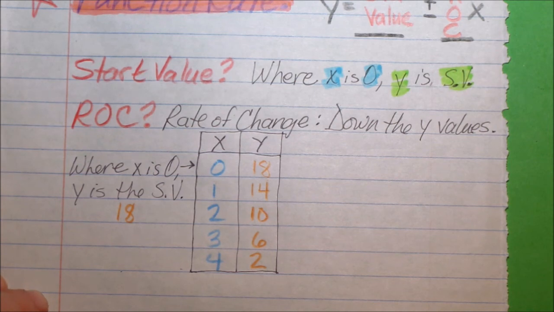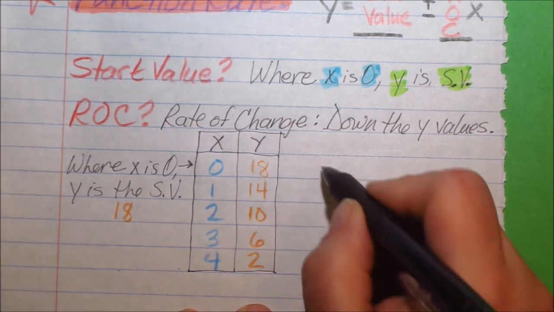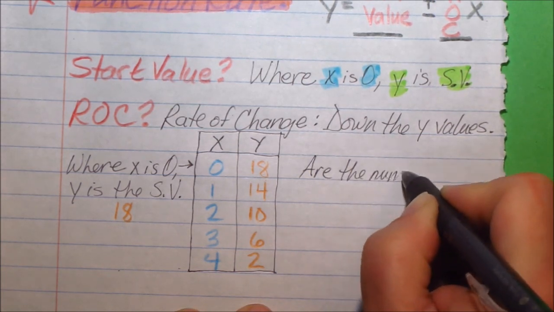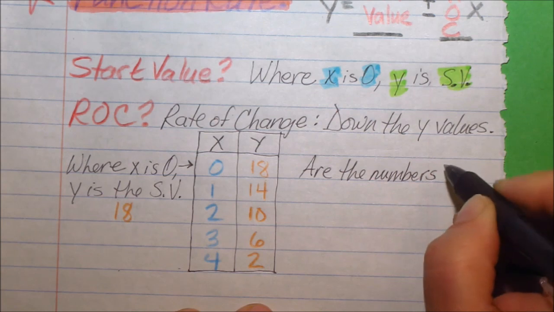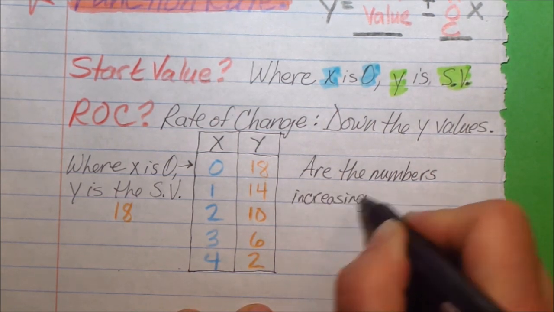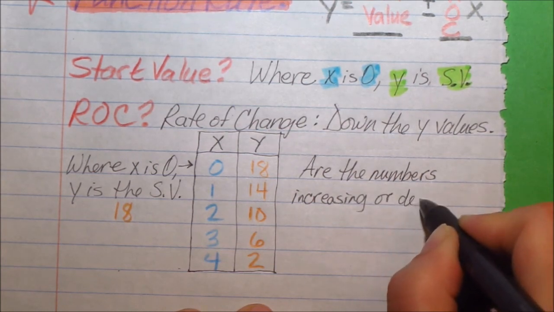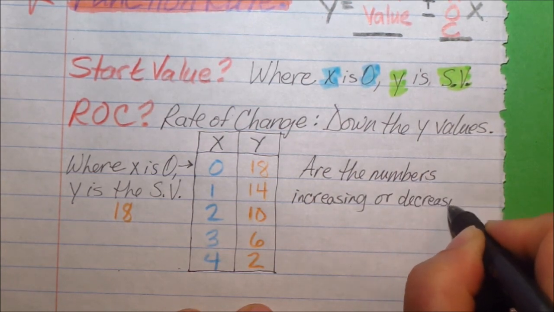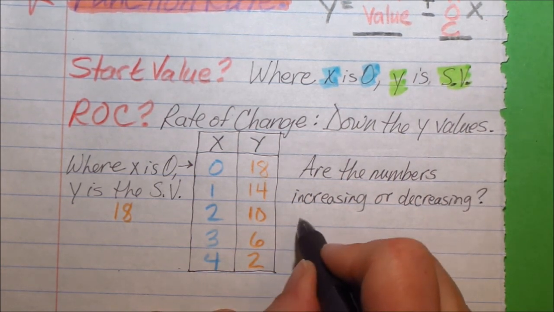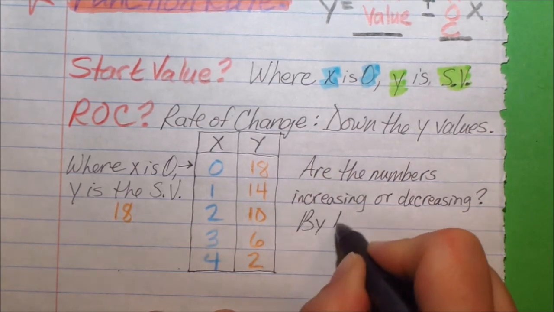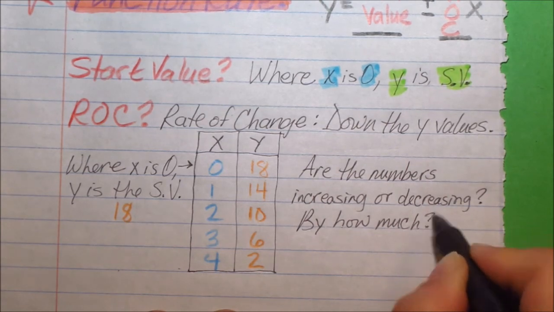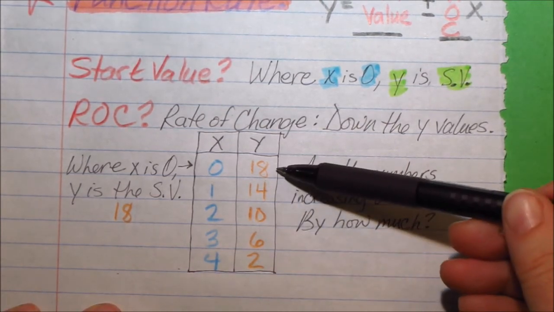All right, so now let's talk about on this side the rate of change. First thing you're going to ask yourself is, are the numbers increasing or decreasing? Okay, and then the next thing you're going to ask yourself is, by how much? Okay, so these numbers are decreasing.